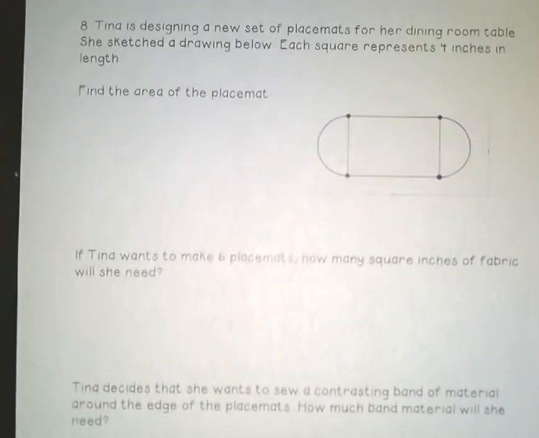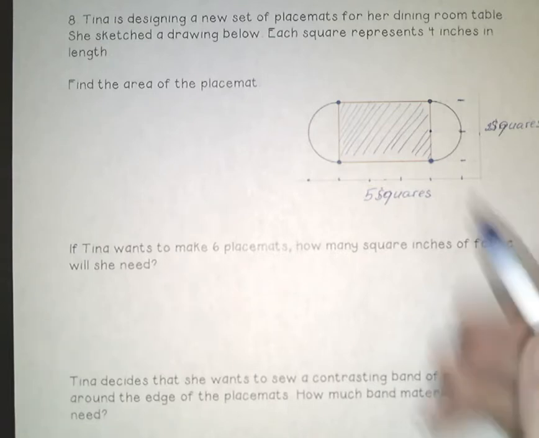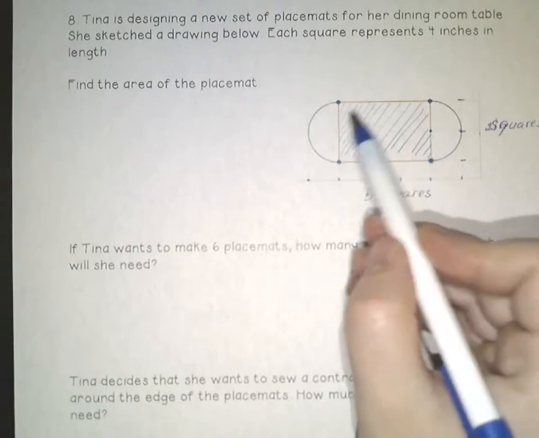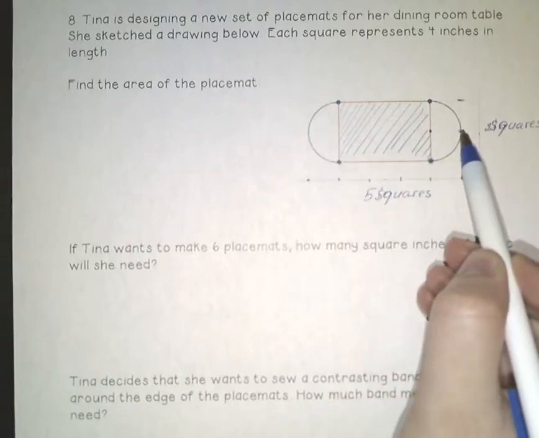Okay, so now here we have a complex shape that we will work with. Number 8. Tina is designing a new set of placemats for her dining room table. She sketched a drawing below. Each square represents 4 inches in length and the area of the placemat. Okay, so right now we see the placemat that consists of a rectangle and 2 semicircles that make one full circle.